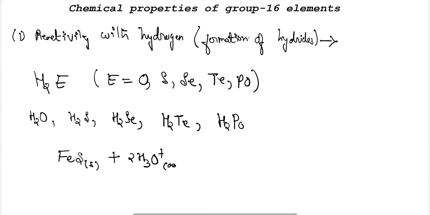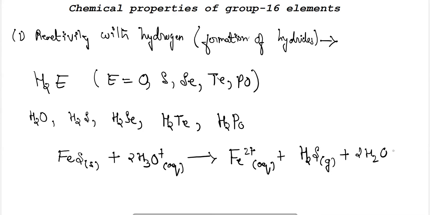The hydronium ion produced from the acid reacts with the ferrous sulfide to form Fe2+ ion, and H2S gas is released, and water is formed.